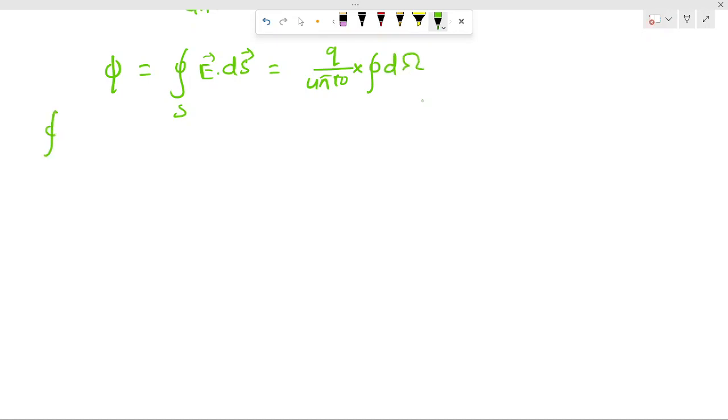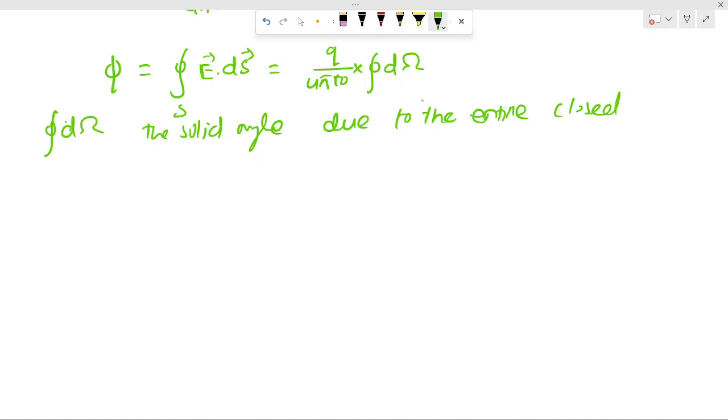As I know, integration over d omega, the solid angle due to the entire closed surface at the internal point O. So what does it mean? d omega is the solid angle subtended at the O point due to the surface ds, and when I am taking the integration over d omega, it will be due to the surface S, isn't it?